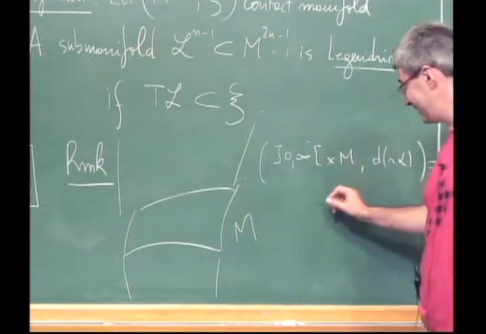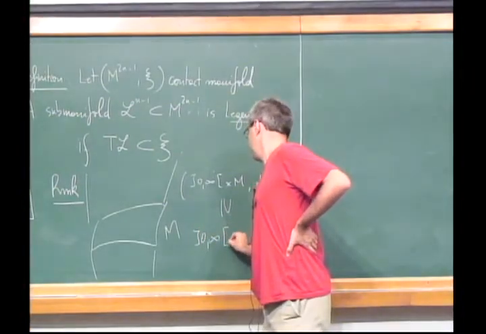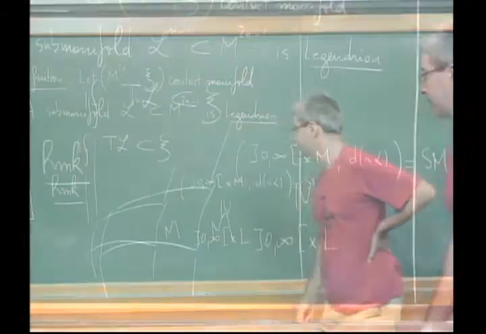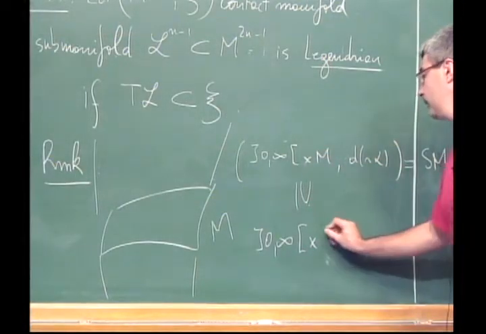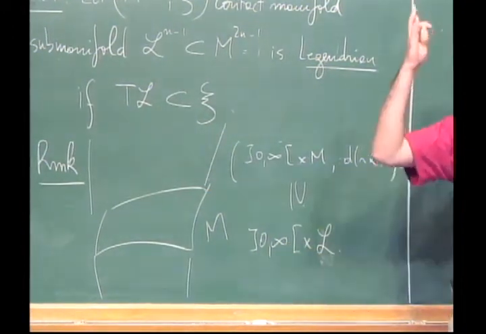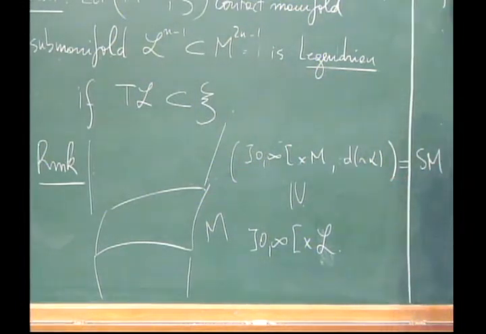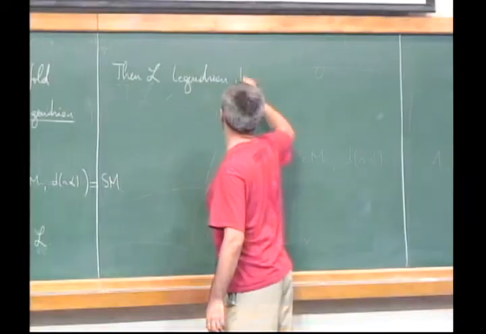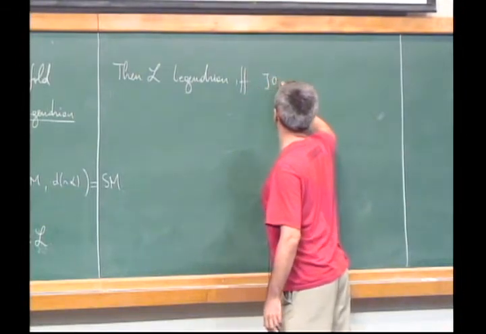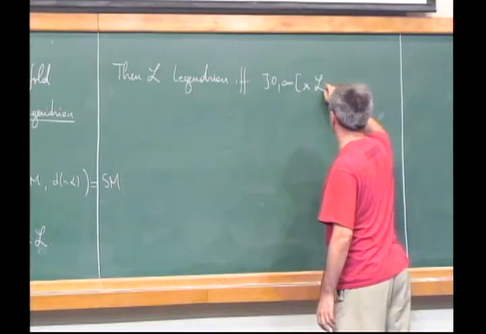And then, of course, inside here, you have 0 to infinity cross L. And L is Lagrangian if and only if its symplectization is Lagrangian. Right? So L is Lagrangian if and only if 0 to infinity cross L is Lagrangian.